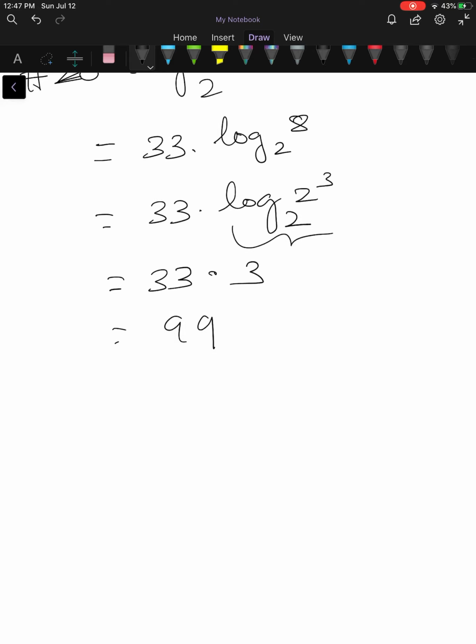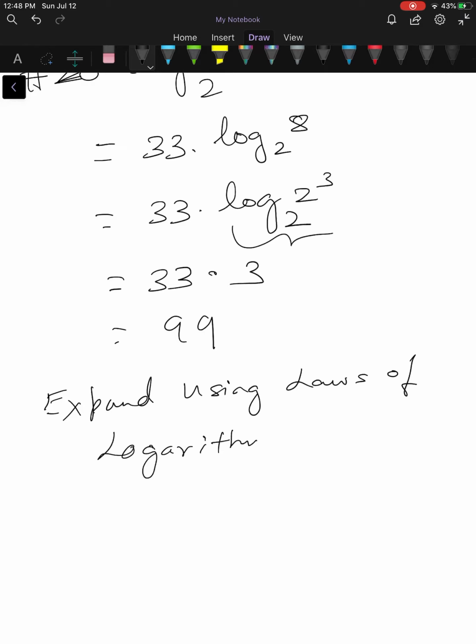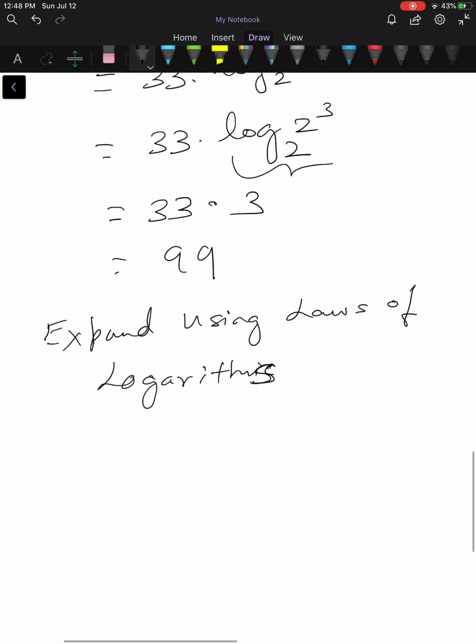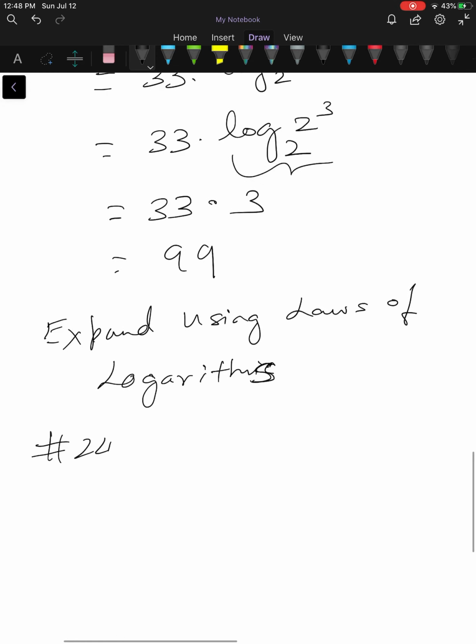So let us do expansions first. That is, expand using laws of logarithms.